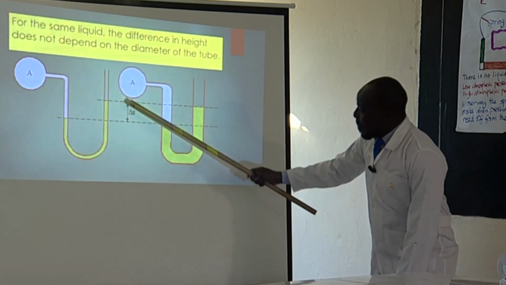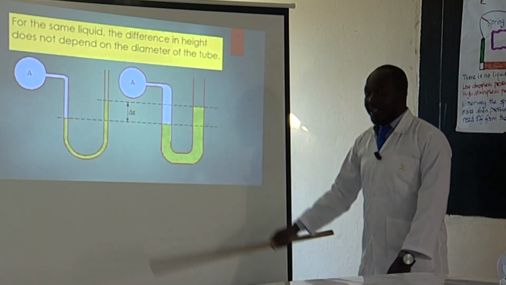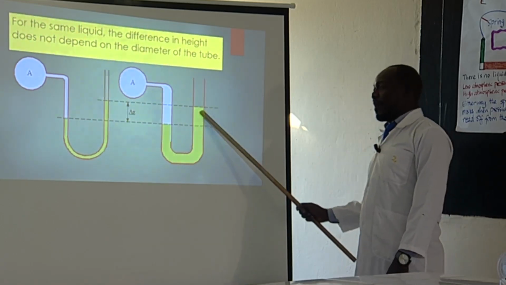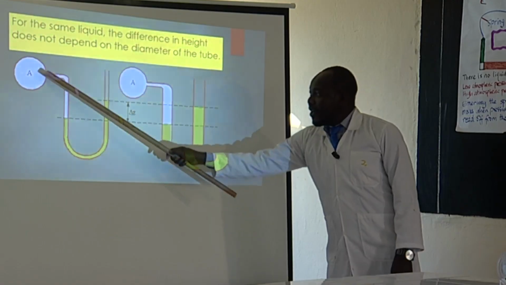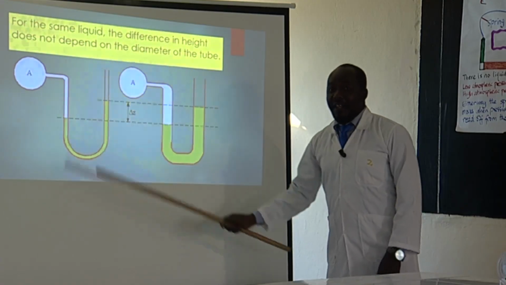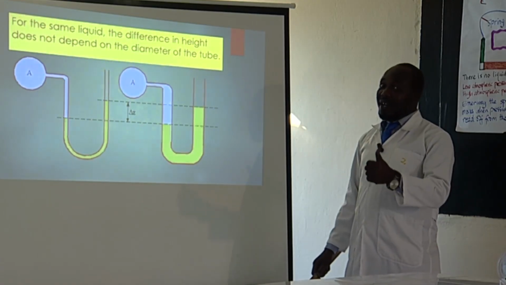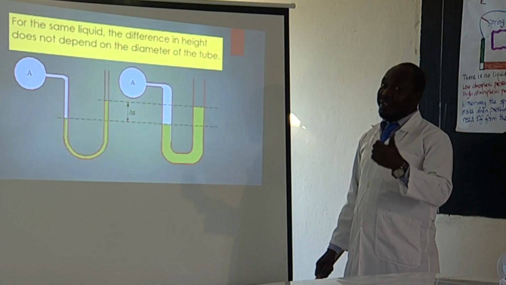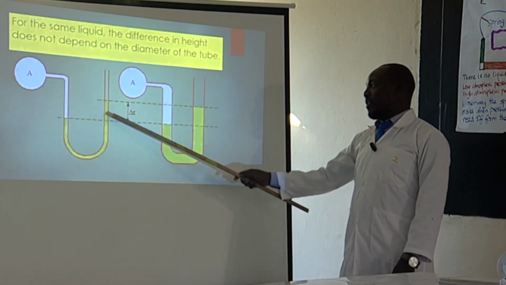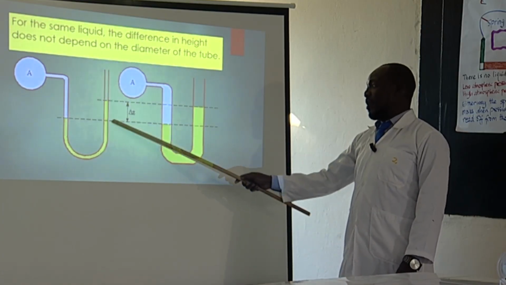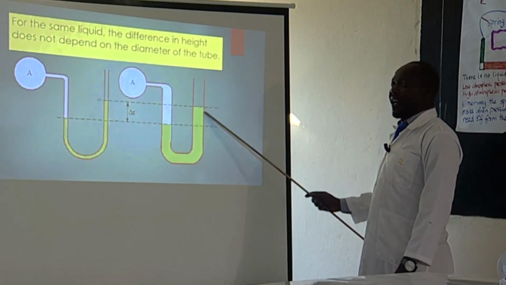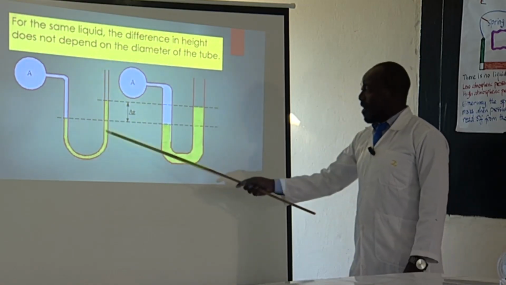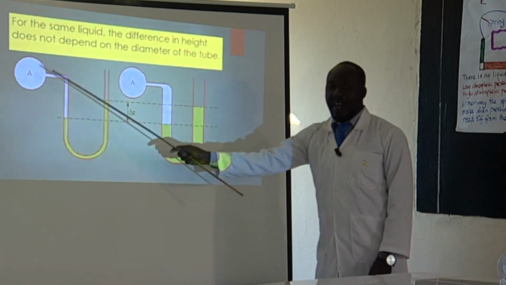As you can see, this tube has a smaller diameter, but this one has a bigger diameter. For the same gas A, the pressure of gas A is going to be revealed to us by looking at the difference in height. This difference in height, we are calling it delta Z. It is the same as the difference in height there. Same. Because we have the same liquids, we have the same gas.